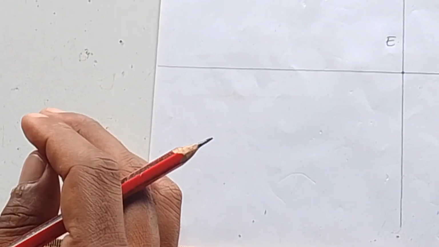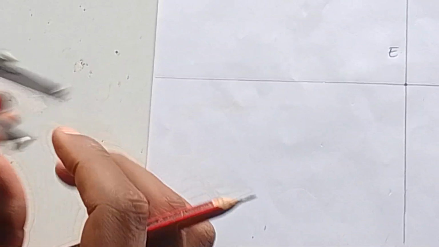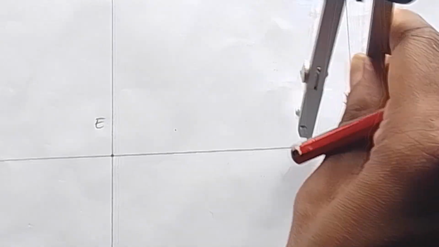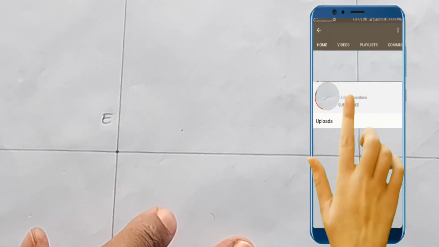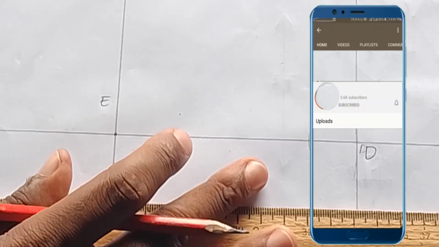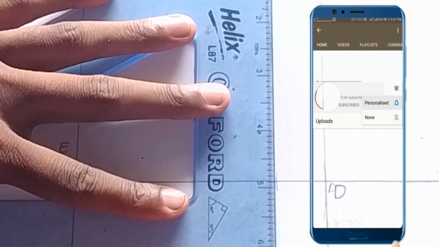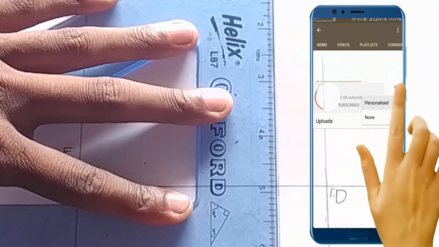From this point you draw a mark like that. Then from that point you draw a straight line, protruding up very quickly because of time.